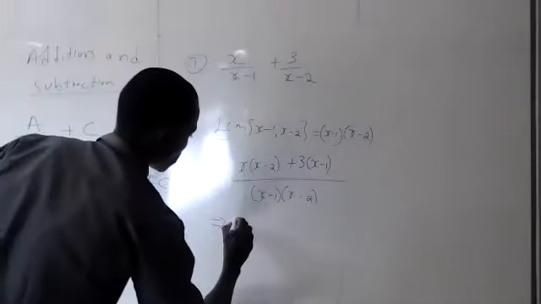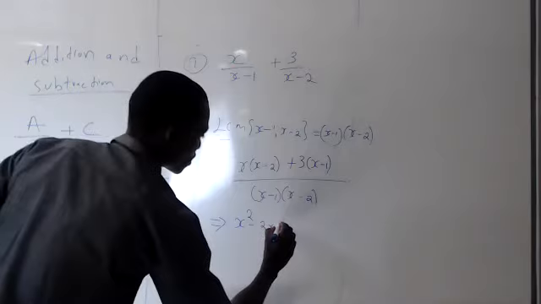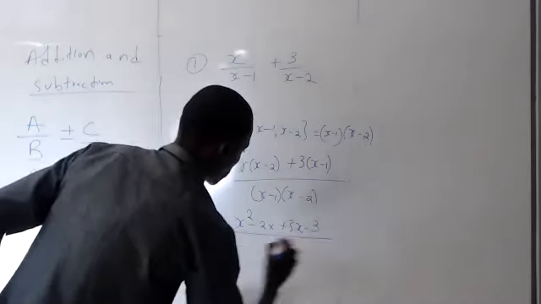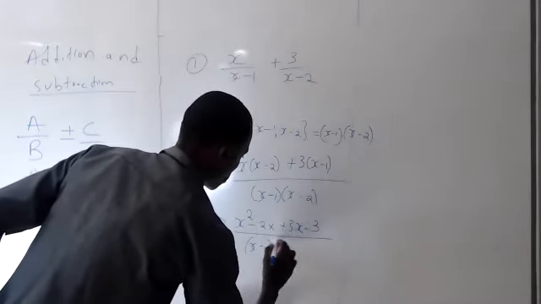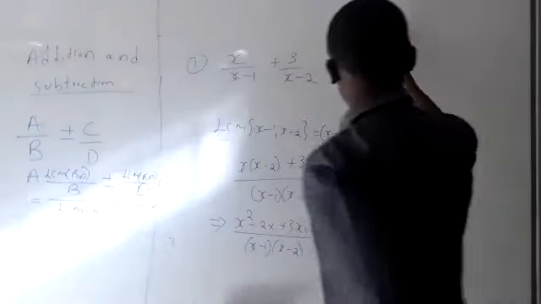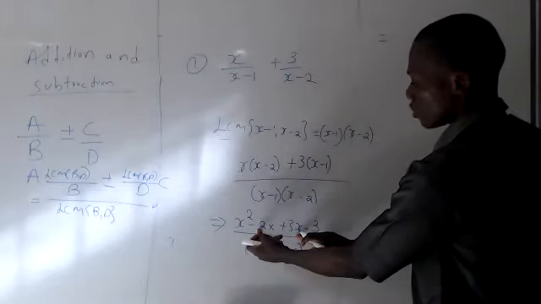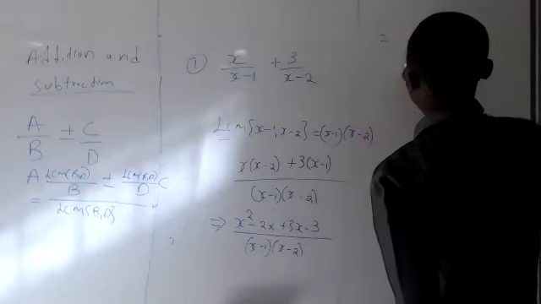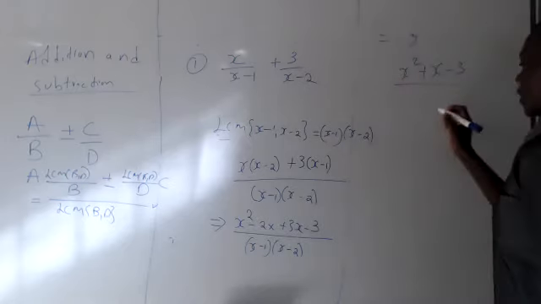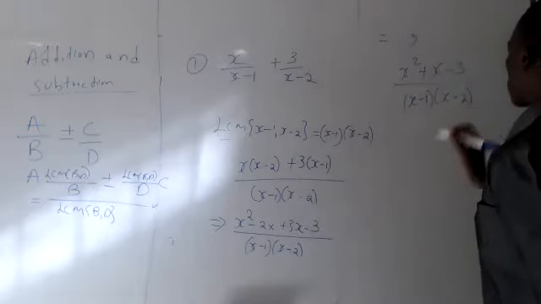So x times x, that is x squared. x times minus 2 is minus 2x. 3 times x is 3x. 3 times negative 1 is negative 3. All this divided by (x minus 1)(x minus 2). When you combine negative 2x and 3x, you get x. So this is the same as x squared plus x minus 3 divided by (x minus 1) into (x minus 2).